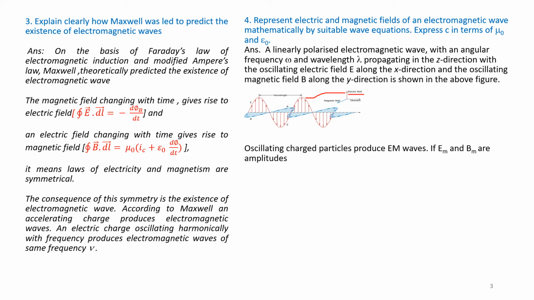Oscillating charged particles produce electromagnetic waves. If Em and Bm are amplitudes, the electric field in the x-axis is given by Ex is equal to Em into sine of kz minus omega t.